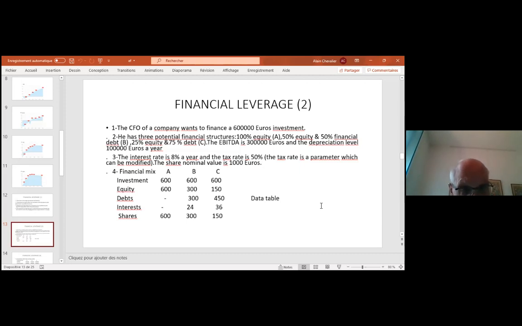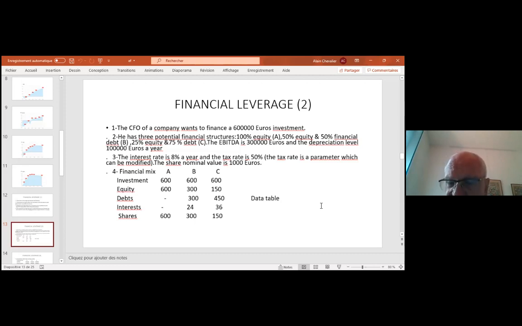Remember that one of the basic principles you find in financial theory is a theorem which is also demonstrated: we have first an investment decision, and when the investment decision is done, we move to a financial decision, and the financial decision doesn't have any impact or influence on the investment decision.